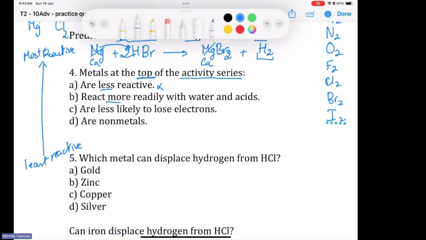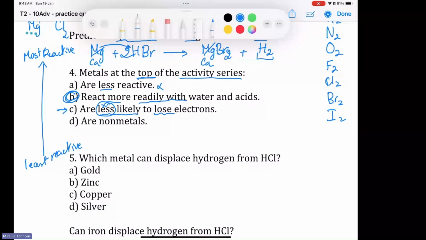In case this option came, reactive means it is very likely, not less likely, to easily lose electrons to react. So the mistake in choice C is that they said they are less likely to lose electrons, and that's not the case. The very reactive elements are more likely to lose electrons.